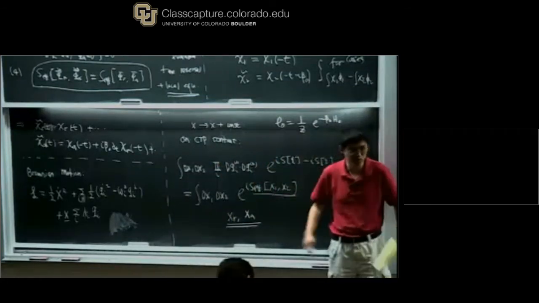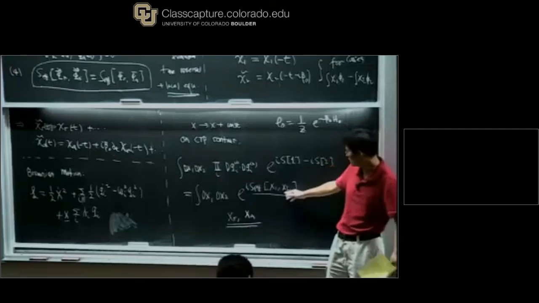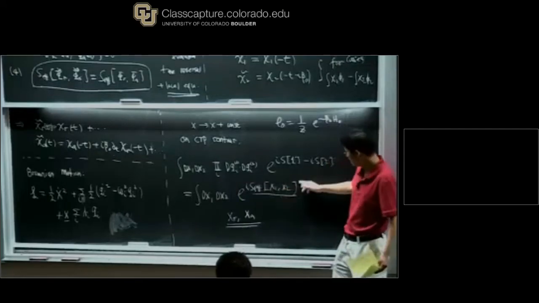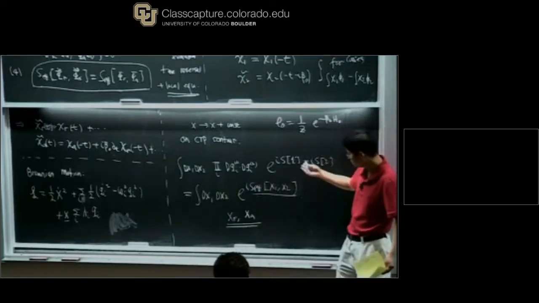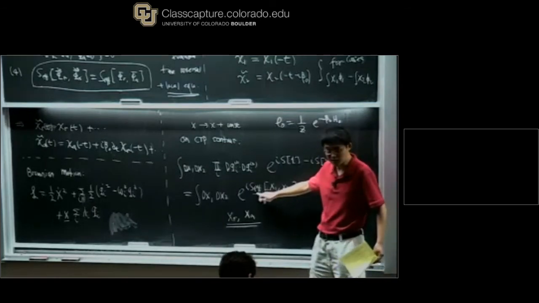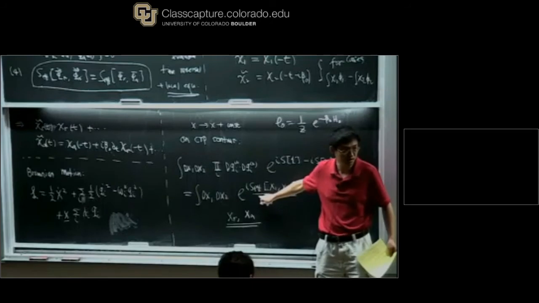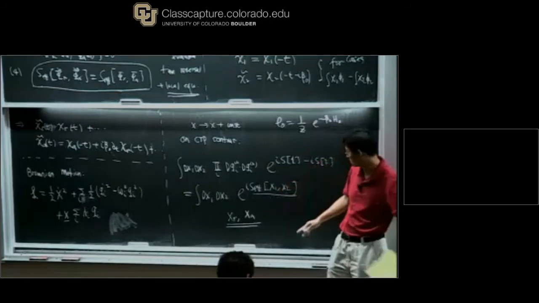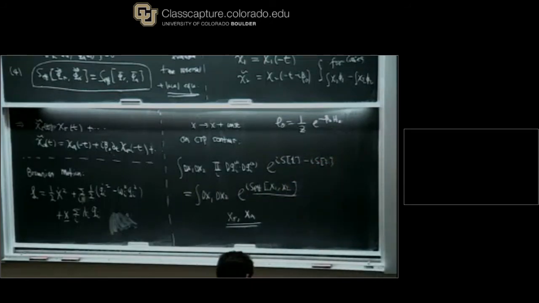This is something you can do exactly, but here we are just trying to write it down using a derivative expansion, supposing everything varies slowly. So this S effective will only contain quadratic terms, no higher order terms.